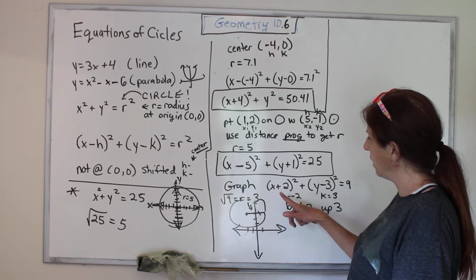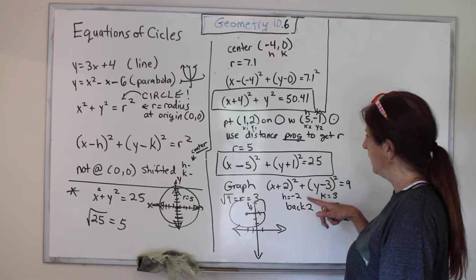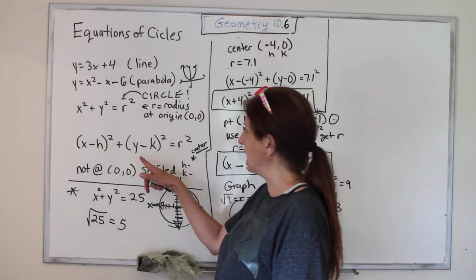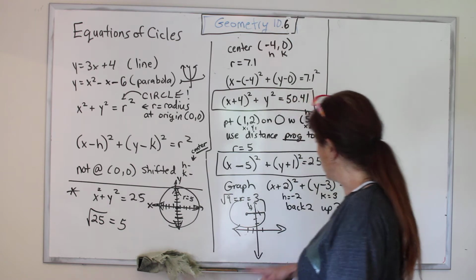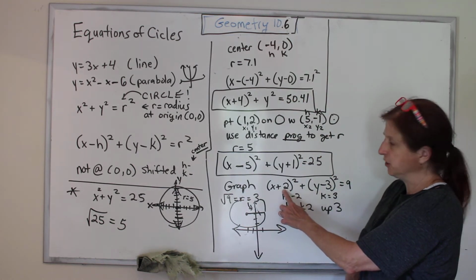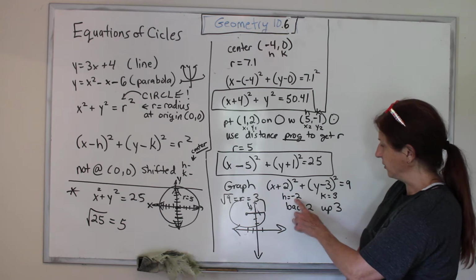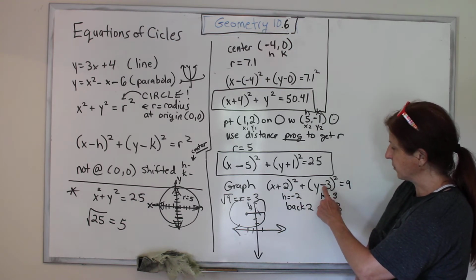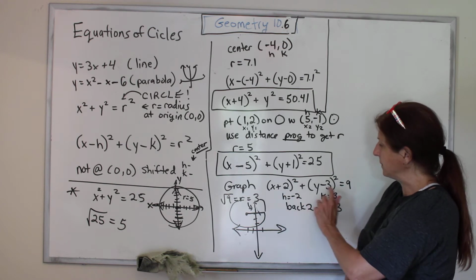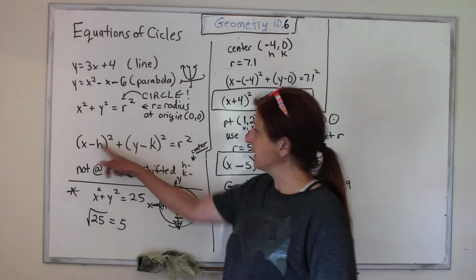So what you do is it shifts it the opposite sign from the center. So over here, see how this equation has a plus 2? It's going to go back 2. And see how it has a minus 3? It's going to go up 3. It does the opposite of what the signs are.